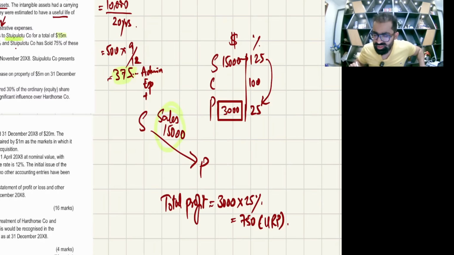Step number two, this URP will be added in consolidated cost of sales. And the third step, as this is S2P sale, in the calculation of NCI, we need to remove this URP effect as well. So these are the three steps we have to do. And in the basic level, you have done this S2P sale of inventory many times.